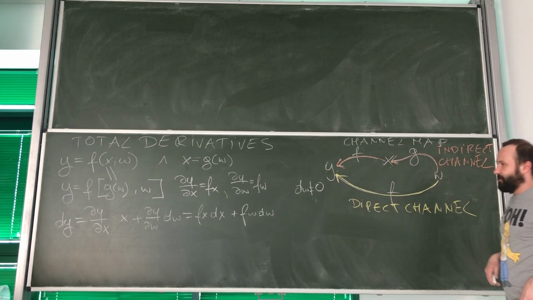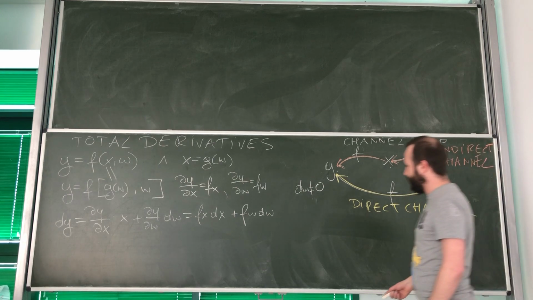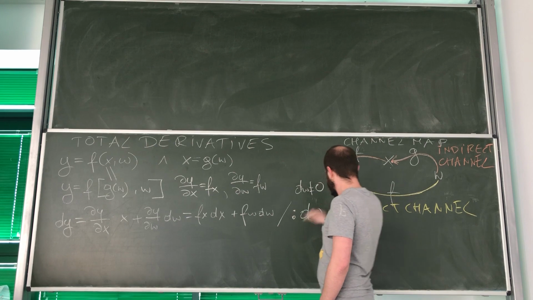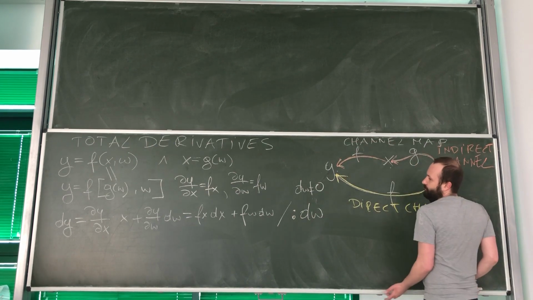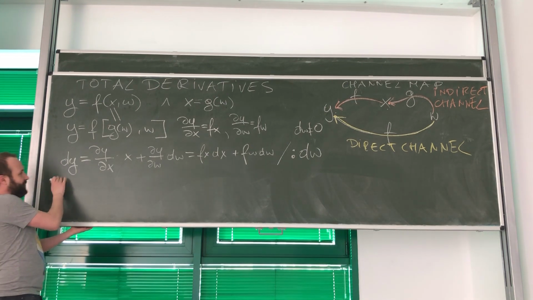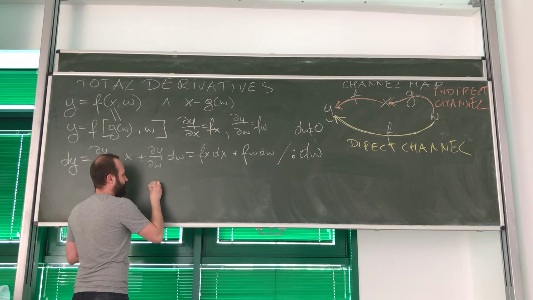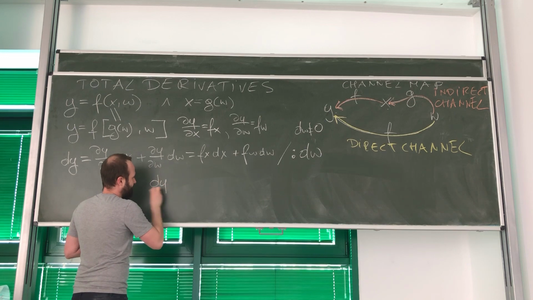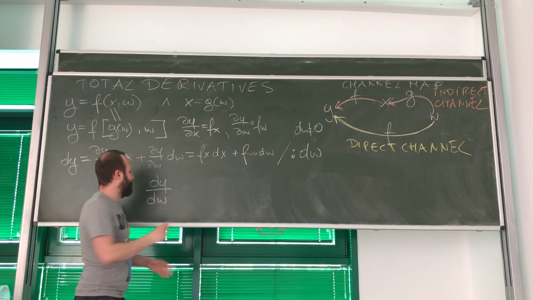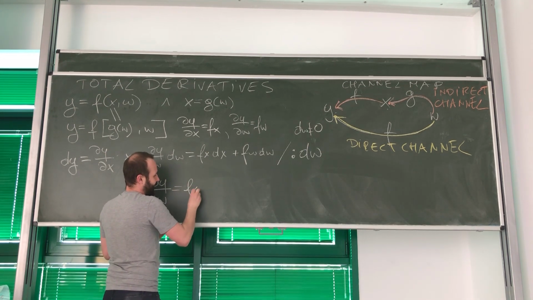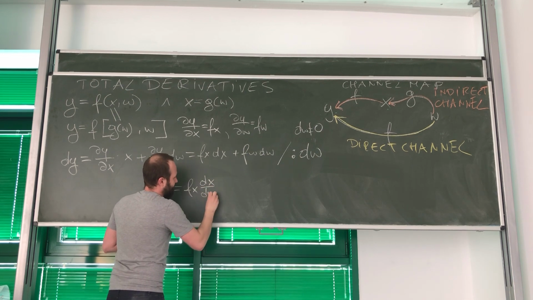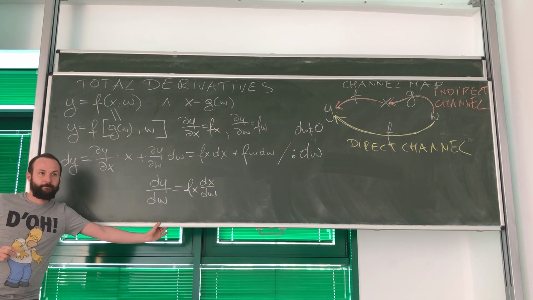And if dw is different than 0, what we can do over here is divide both sides by dw. And look, what we get as a result on the left hand side is the derivative dy/dw, and over here we've got fx dx/dw, right?